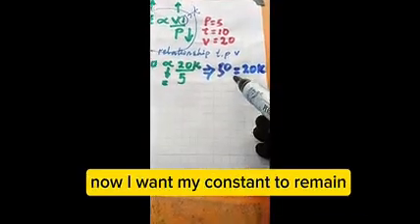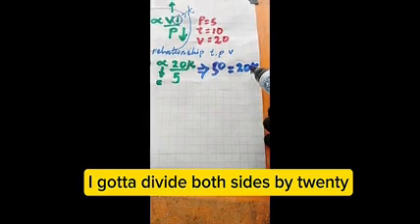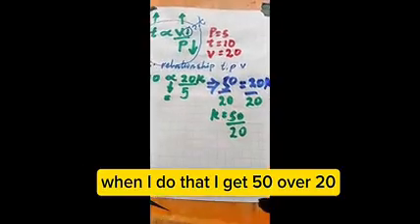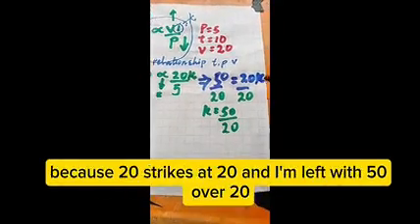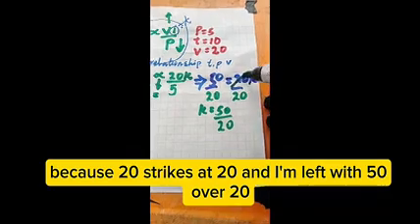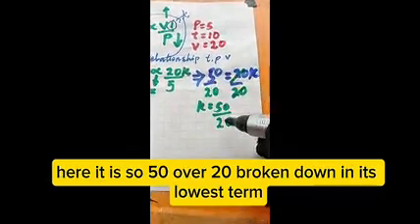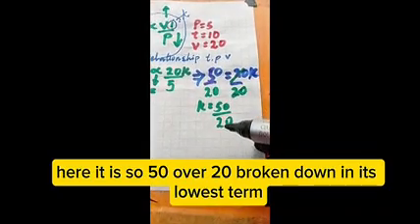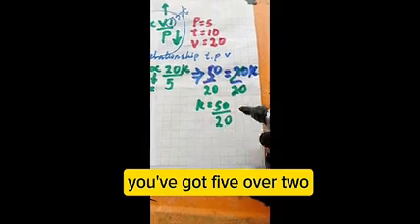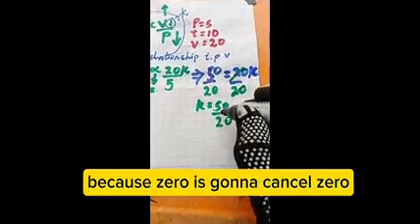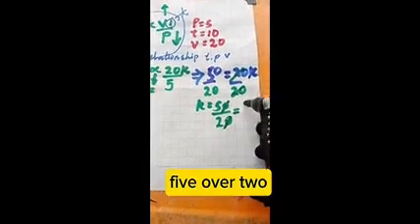Now I want my constant to remain, so I have to divide both sides by 20. When I do that, I get 50 over 20, because 20 strikes 20 and I'm left with 50 over 20. Broken down to its lowest term, you've got 5 over 2, because 0 is going to cancel 0. 5 over 2.